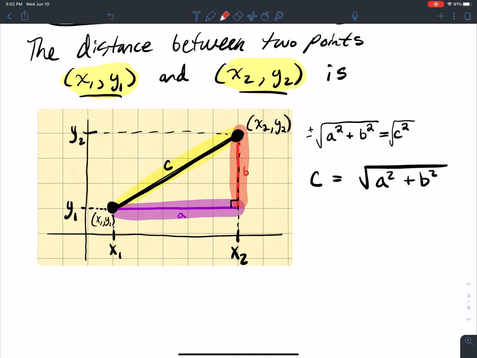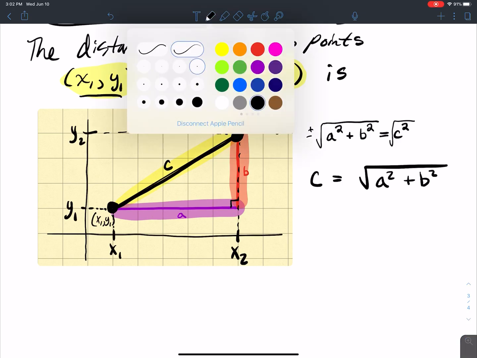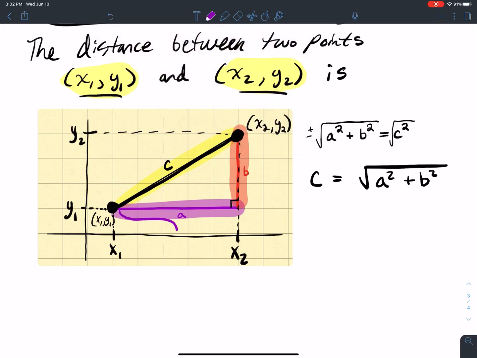So to find this length A right here, we need to figure out how far these two are apart from each other. Now, how do you find the distance between 2 points on a number line? Well, if this were 1 and this was 1, 2, 3, 4, 5, 6, how would I find the distance between 1 and 6? I would subtract them. I'd do 6 minus 1, and I get 5, right?